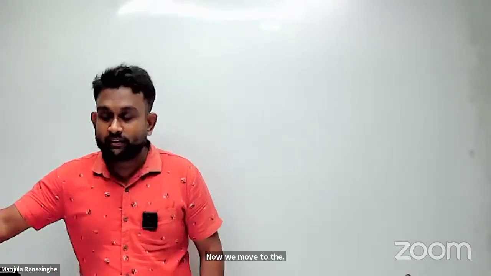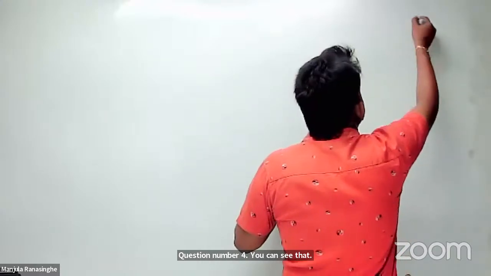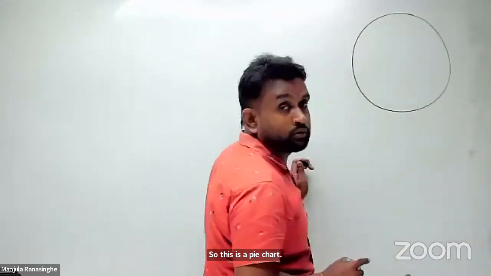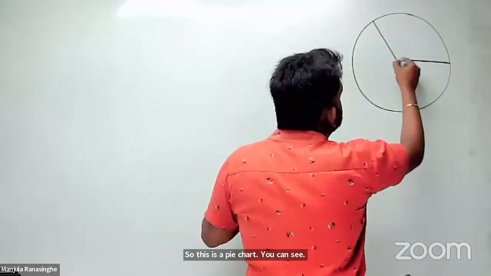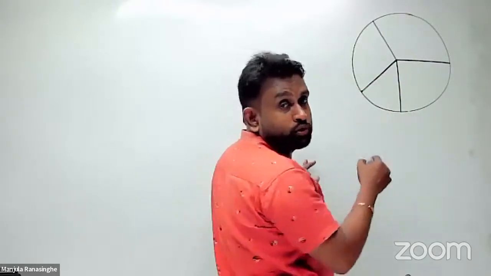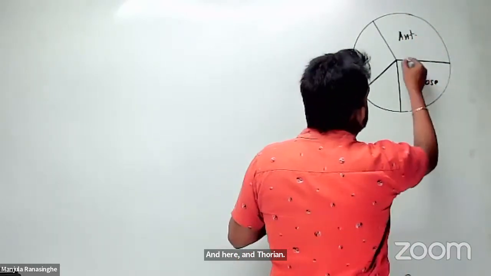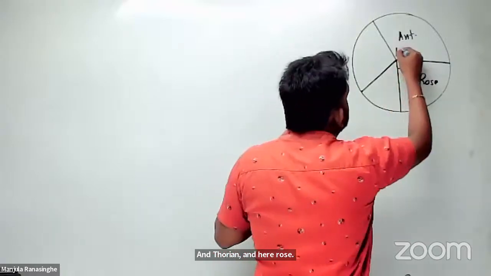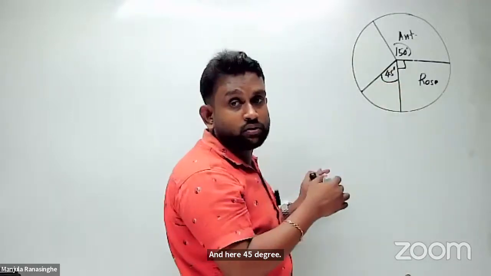Right, now we move to question number 4. So this is a pie chart question. You can see Anthurian, and here rose, and here 90 degrees, and here 150 degrees, and here 45 degrees, and here it is unknown.